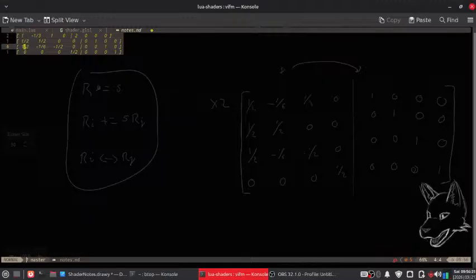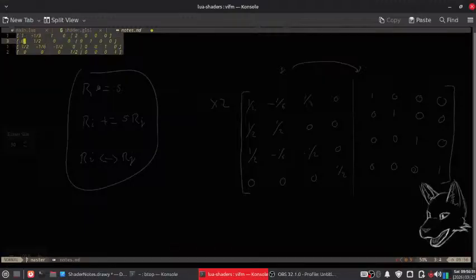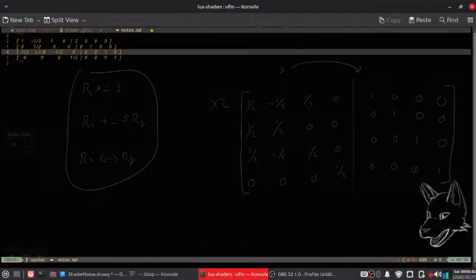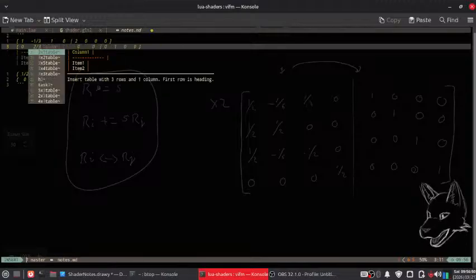Right, I can subtract this row from this row. So I can go 0. 1/2 plus a 1/6 is 4/6, 2/3. Right, so this is 2/3.